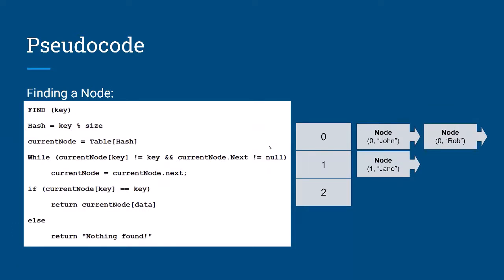Next one is the find method. So the hash here again is basically the location where it should be placed.